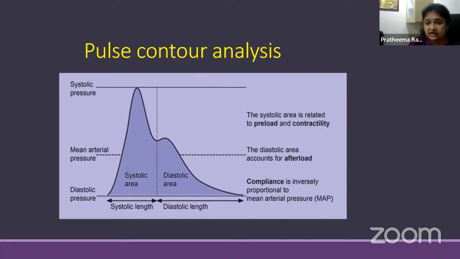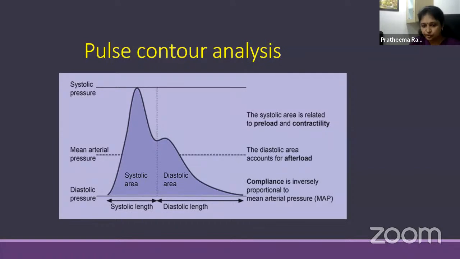How efficiently the heart can contract is what is decided by the systolic area. And the diastolic area, we know that it accounts for the afterload. We can calculate that. And there is a mean arterial pressure, which is calculated with the systolic and diastolic pressure, and that is inversely proportional to the compliance. So compliance: if you give volume, how much is the pressure going to increase? If with a little volume, the pressure is going to be very high, then it is bad.